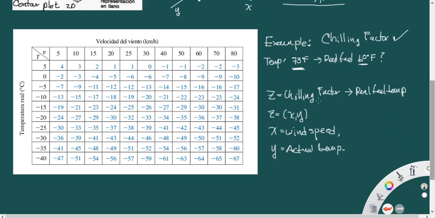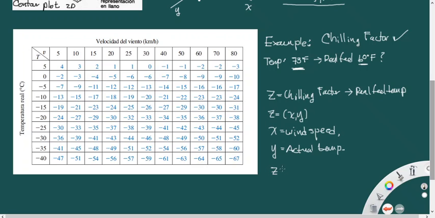So z is going to be the chilling factor, and the numbers for z are shown here in blue. The wind speed is the top line here: 5, 10, 15, 20, and this is kilometers per hour. And the actual temperature is shown in this vertical column.